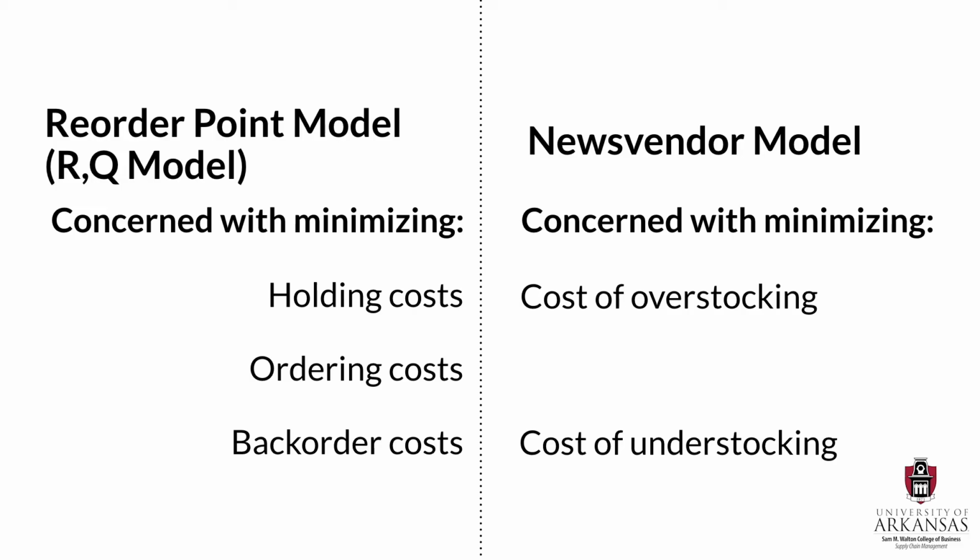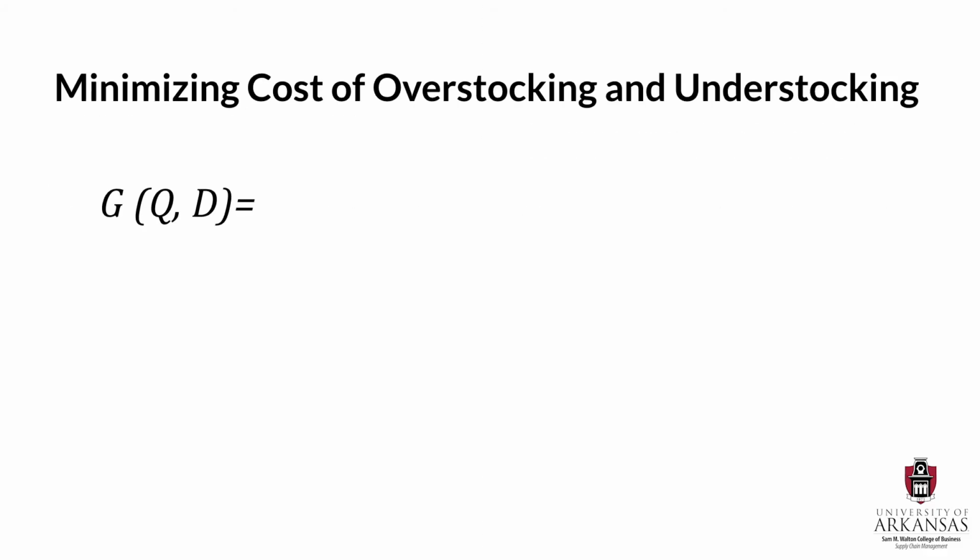By now, you probably know what comes next. We first set up the total cost function. Here we will call this G of Q and D. This is because the grand total cost, G, will be a function of our choice of the order quantity Q and realized demand D. The first component is the cost of overstocking.